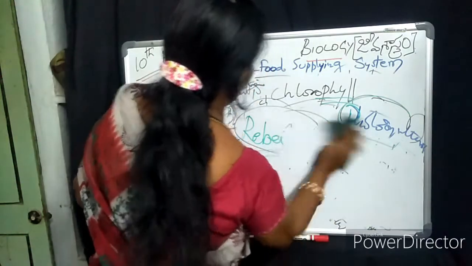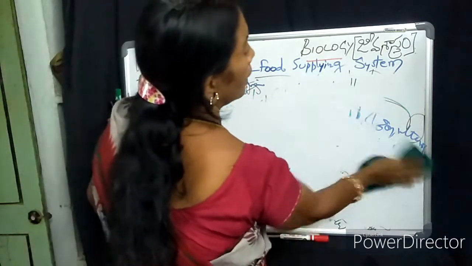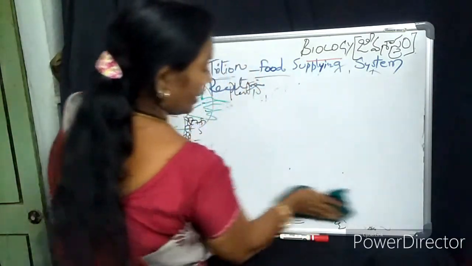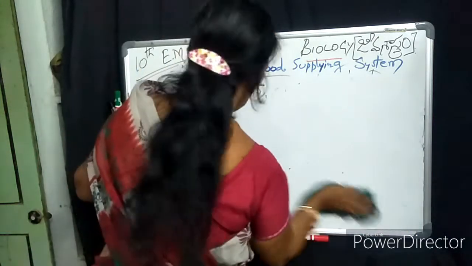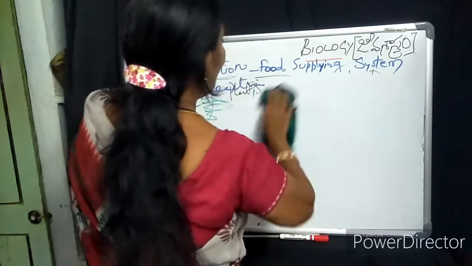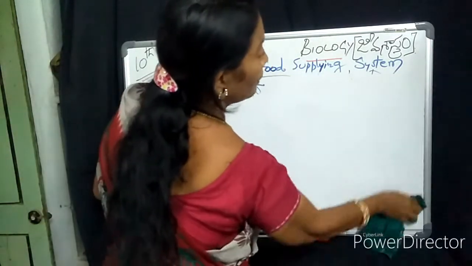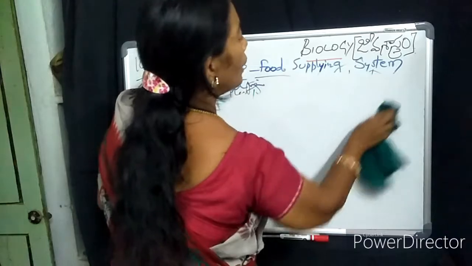And next, photosynthesis. We came to know how photosynthesis occurs in plants and green leaves. And then if a plant prepares food, what is the reality? How can we say that?